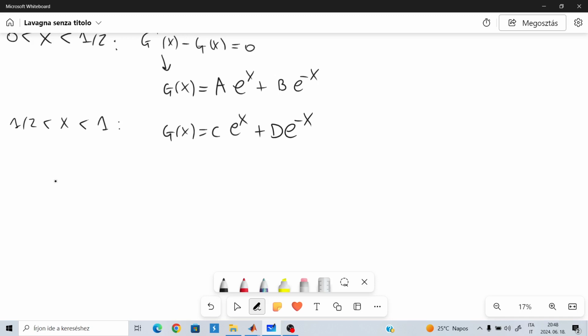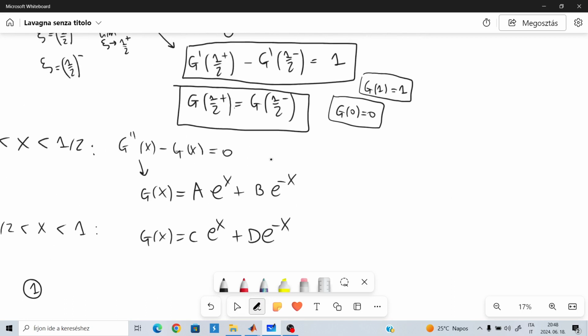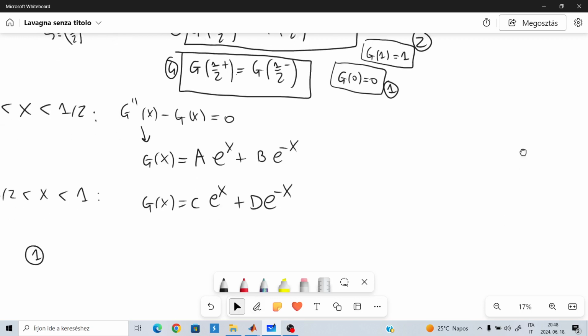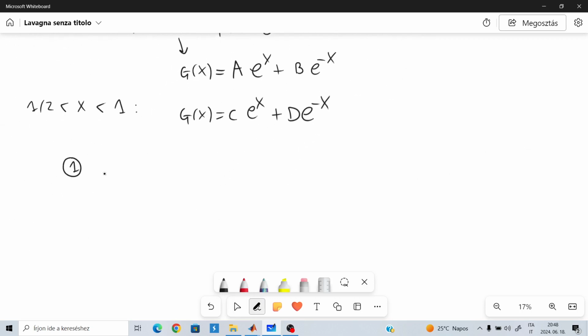We have the first condition, and let's assume that the first condition is this one, the second condition is this one, then the third condition will be this, and the fourth condition will be this. So the first condition, g of 0 equal to 0, we have to use this equation, and we have to set x equal to 0, so we have a plus b equal to 0.